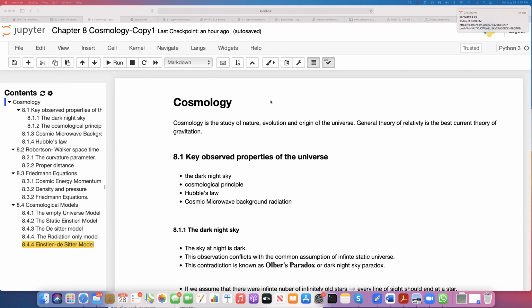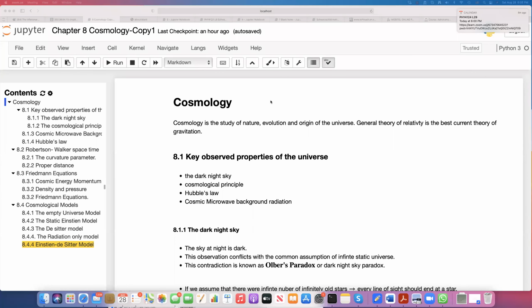And then the cosmic microwave background radiation, right? So cosmic microwave background radiation is important for us in two ways. It's important in a lot of other ways as well, but in this section, we discussed basically two ways. The first is to get an idea about the isotropy and homogeneity of the universe.